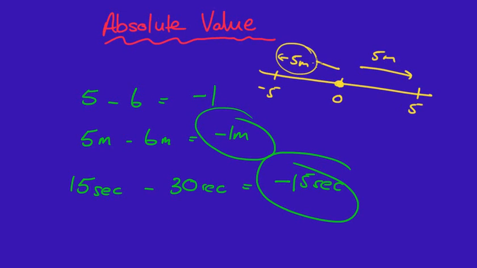In both cases, I'm 5 meters away from my origin, and that is exactly what absolute value looks at. It looks at the distance away from a starting point or an origin, in most cases 0. And if we're always looking at the distance away from 0 or an origin, then your answers are going to be positive when you're looking at absolute value.